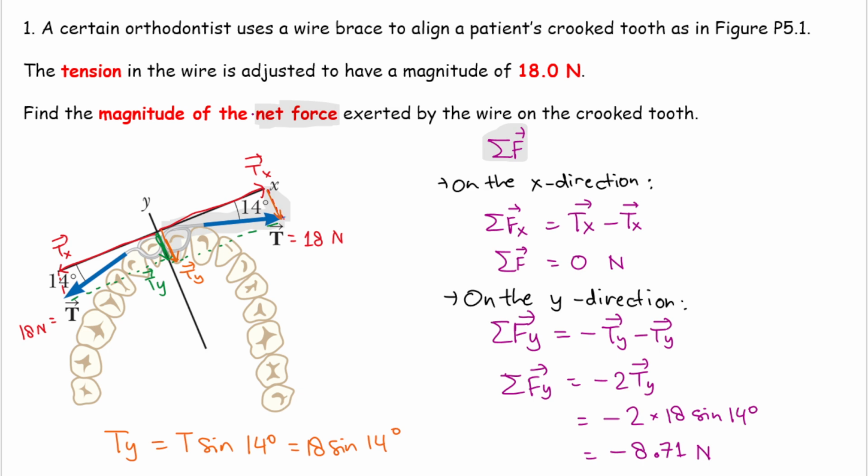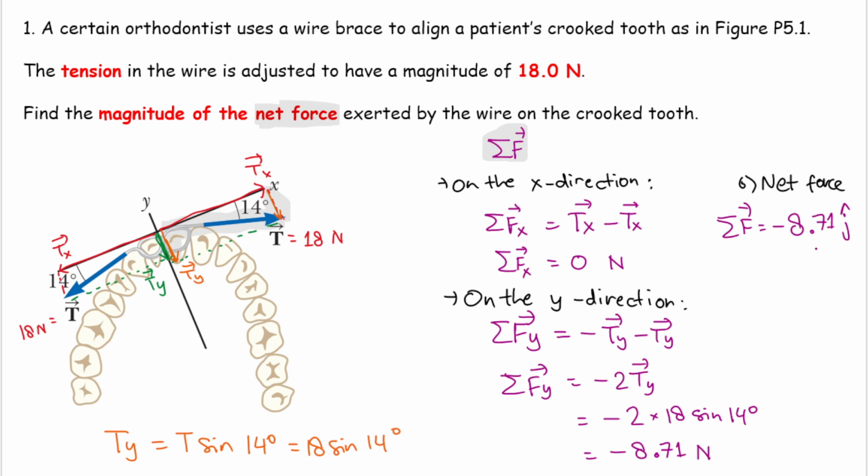Good. And this is on the x and y direction. So we will have the net force here. Maybe let's write it here. What is our net force? Because on the x direction we have 0 Newton, we only have on the y direction. So the net force here will be minus 8.71, but then that will be in the j direction.